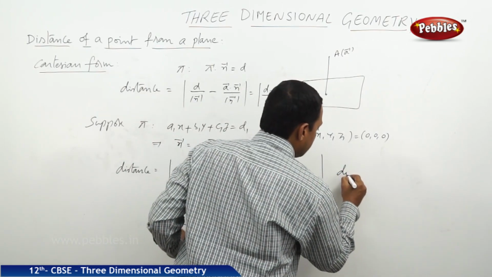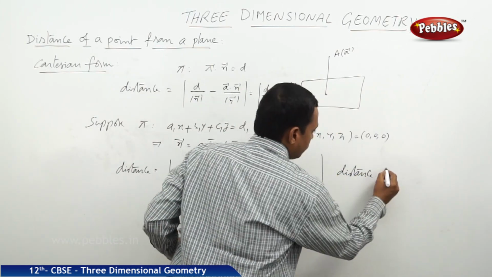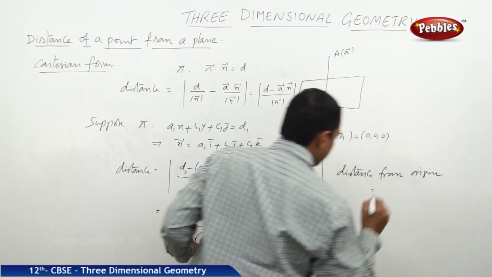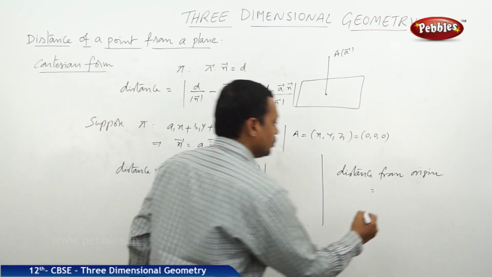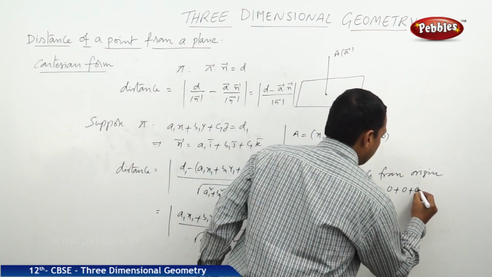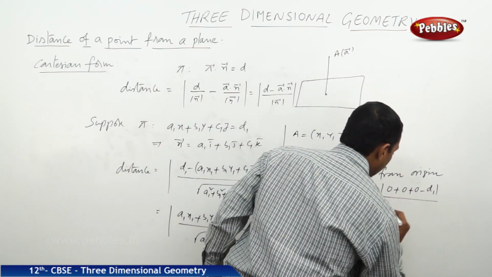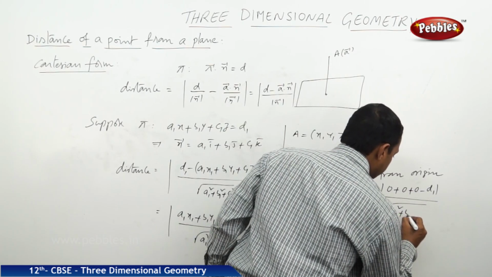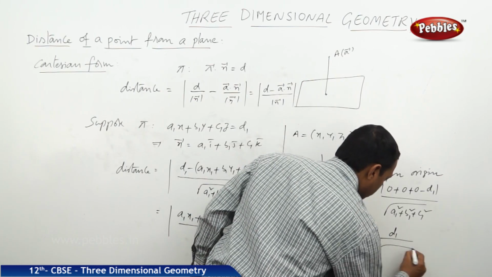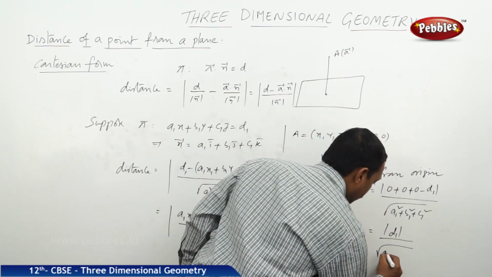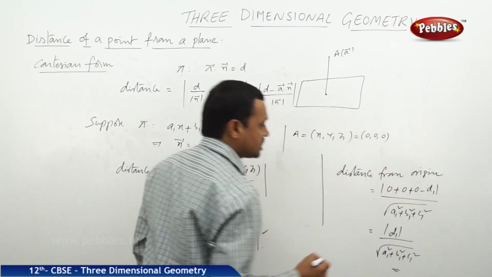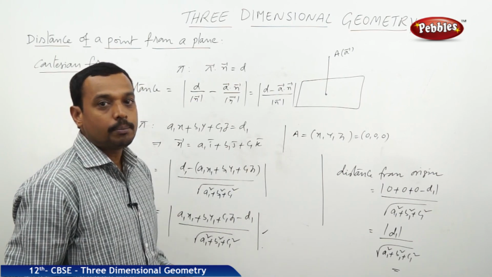Then the distance from the origin is equal to a1 into 0, b1 into 0, c1 into 0, minus d1 by root of a1 square plus b1 square plus c1 square, that is modulus of d1 by root a1 square plus b1 square plus c1 square. Now this is the distance from the origin to the plane.